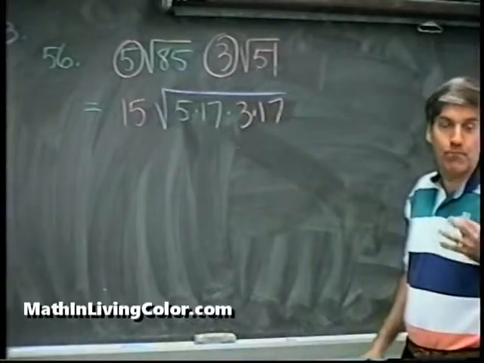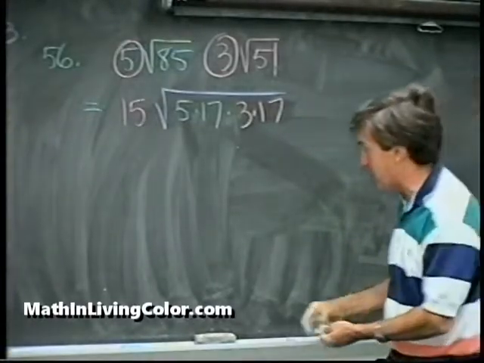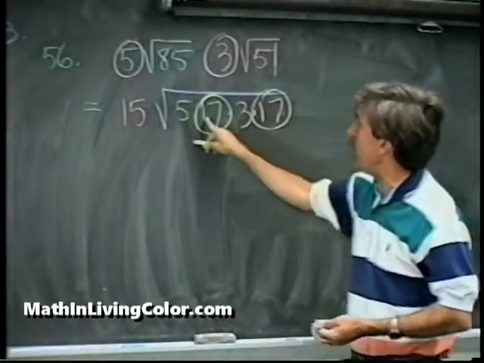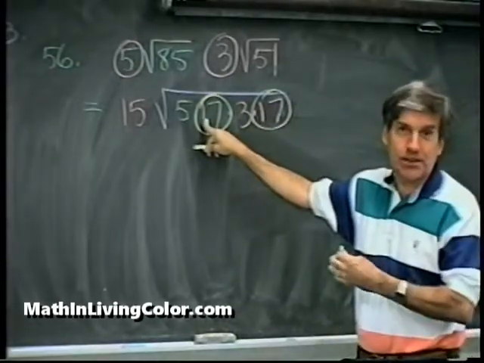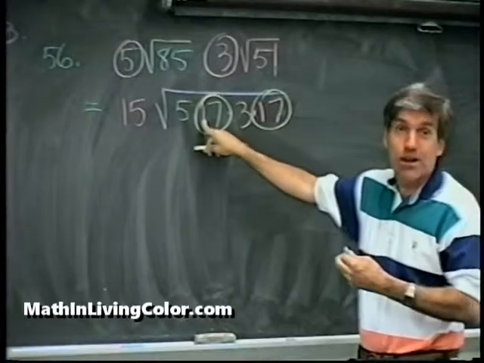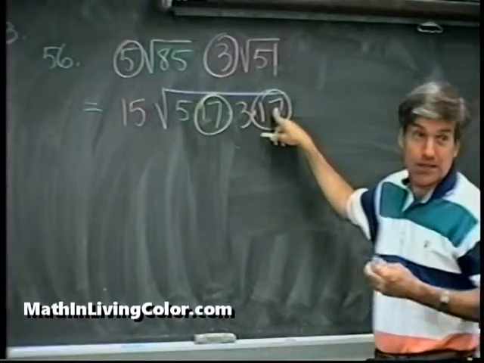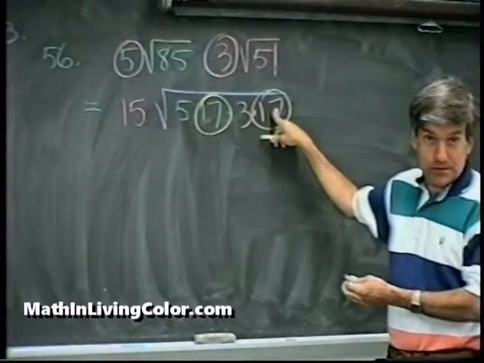Remember, we're looking for perfect squares, so we're looking for pairs of numbers. So the 17 times 17, you don't have to actually multiply 17 times 17. Just recognize you've got a pair, and then the square root of 17 squared would be 17. Okay?